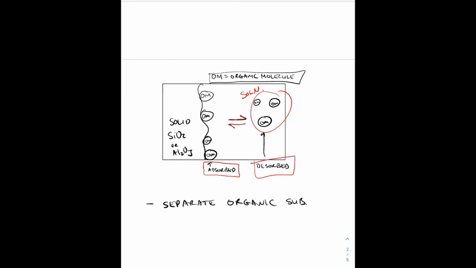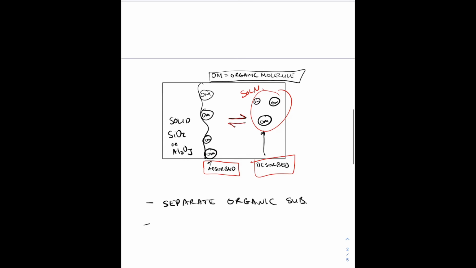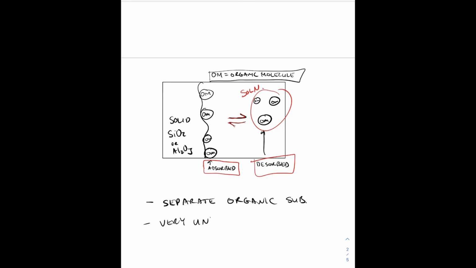Because the polarities of each molecule are very unique, they're all going to have very unique adsorption and desorption rates.